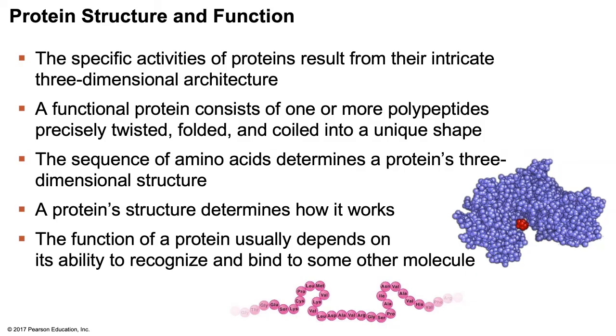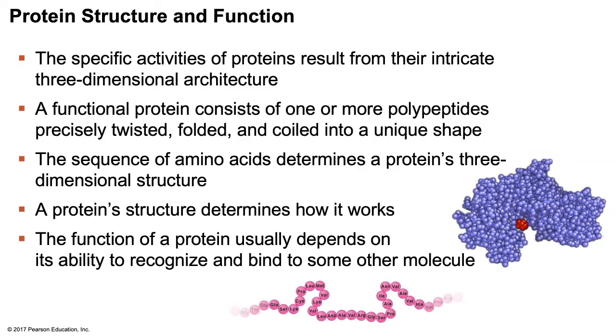Once we have our unique sequence of amino acids strung together, that polypeptide must go through an intricate process of folding before it can even be used in your body. A functional protein consists of one or more polypeptides precisely twisted, folded, and coiled into a unique shape.